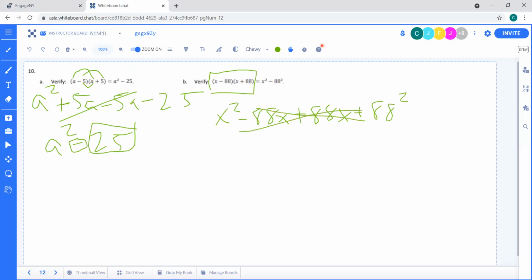These cancel and leave me with the difference of 88 squared. Oh, that should be a negative, not a positive. So here is once x and 88, they're squares, and we're finding the difference of those. So those are difference of two squares. That's a little trick that we know.